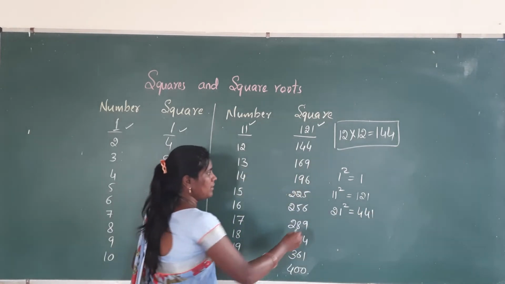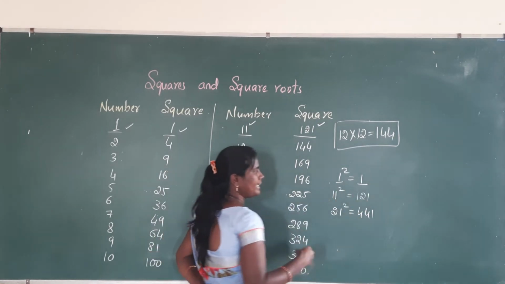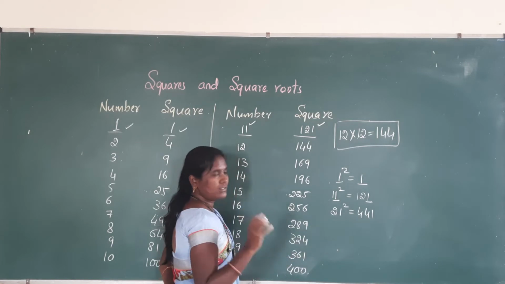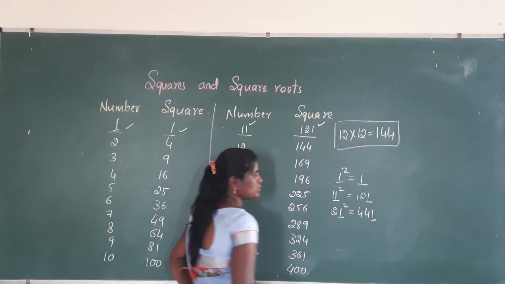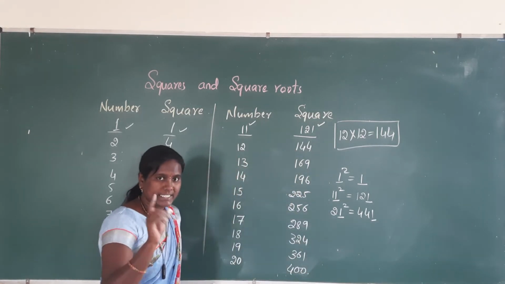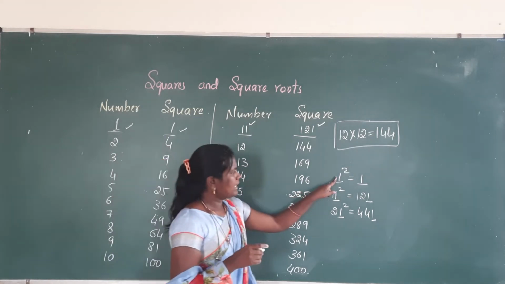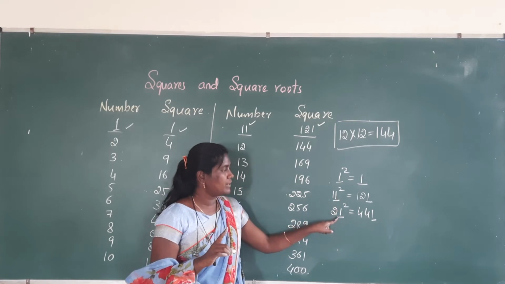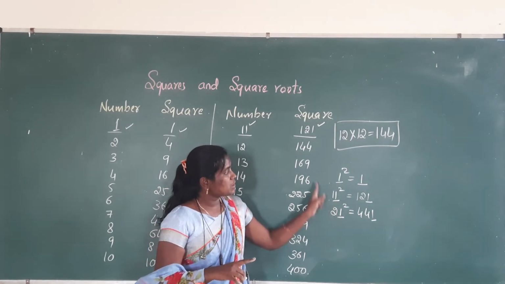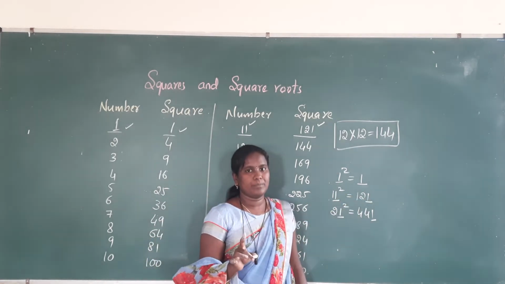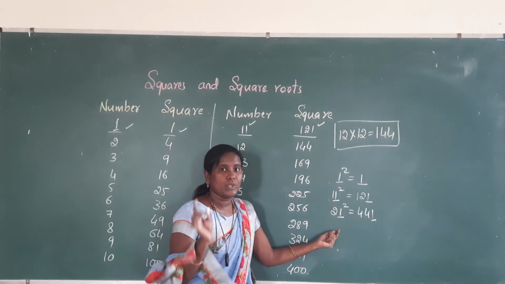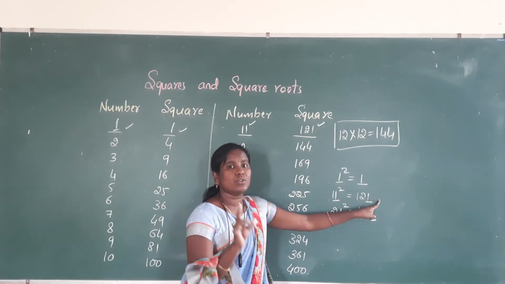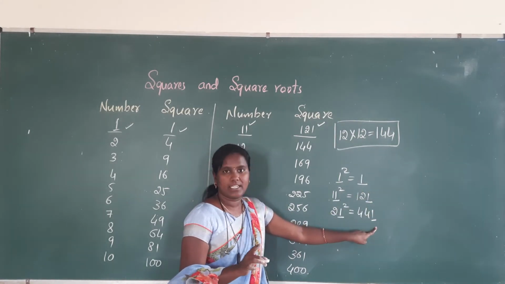If you observe, 1 square ends with 1, 11 square ends with 1, then 21 square again ends with 1. So it is clear that the number which is ending with 1, its square also ends with 1 only.